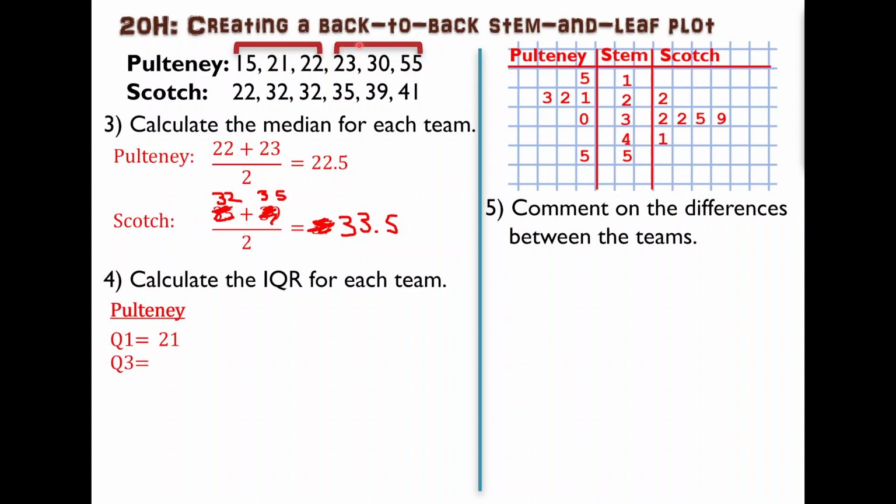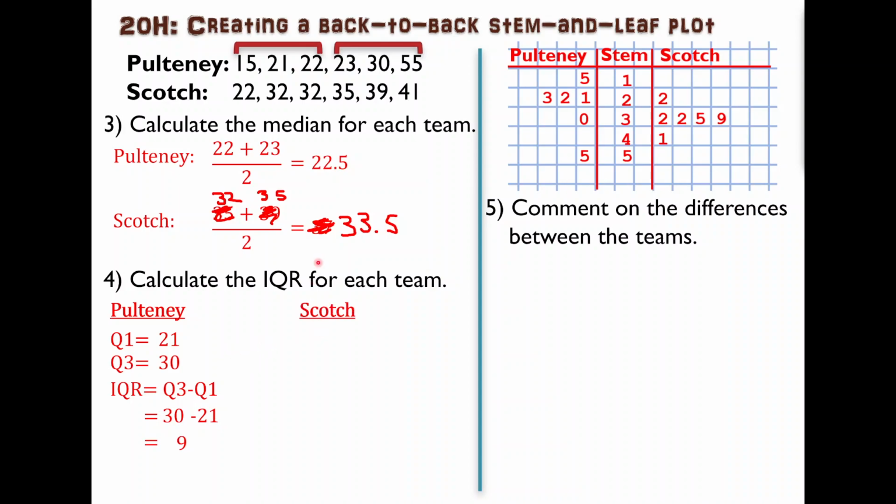The top half of the data is here, and the median of the top half is 30, so that's my upper quartile, my Q3. My interquartile range is Q3 minus Q1, and what will that be? It will be 30 take 21, which is 9. So that gives an idea about how spread out the Poultney results are.